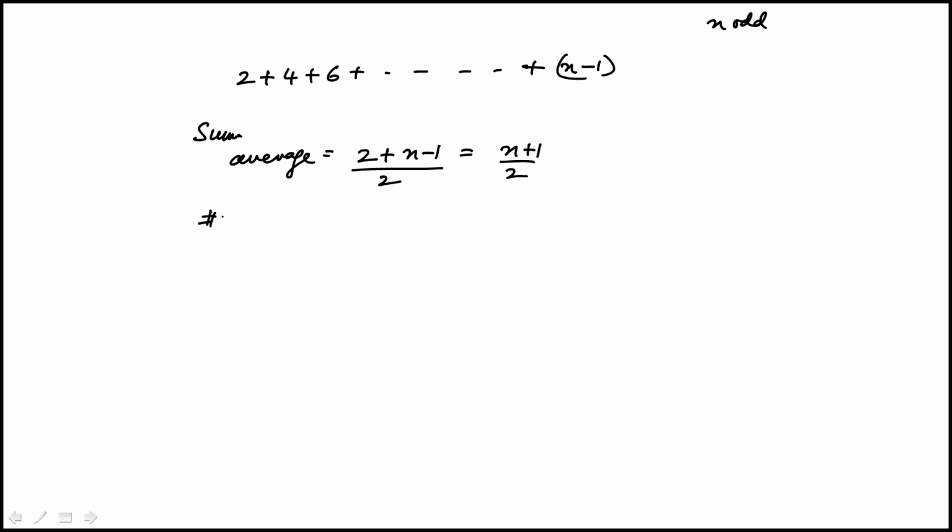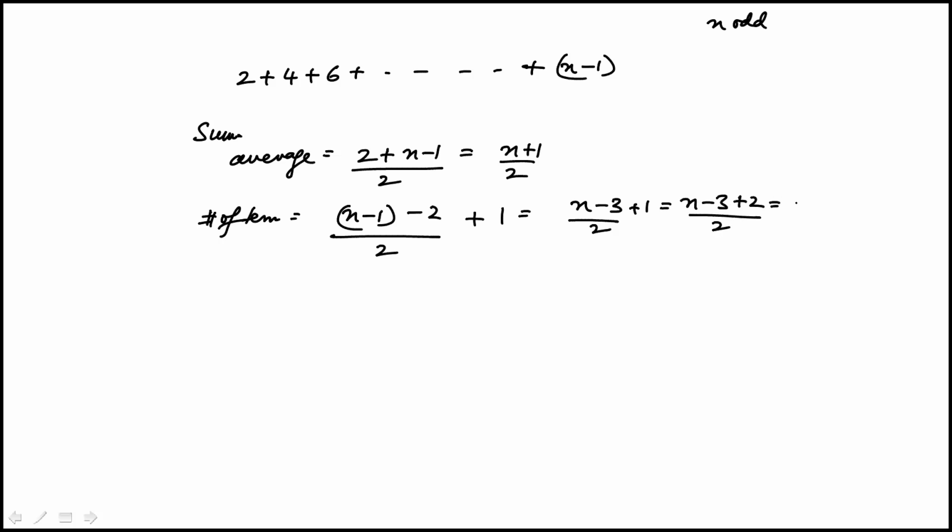Then I need the number of terms, which is last minus first over 2, plus 1. So this is n minus 3 over 2 plus 1, which is n minus 3 plus 2, so n minus 1 over 2.